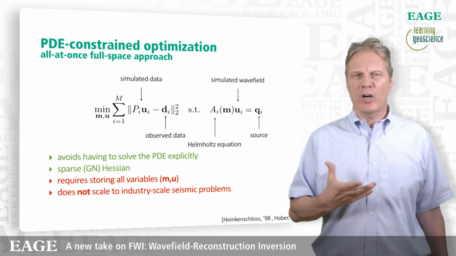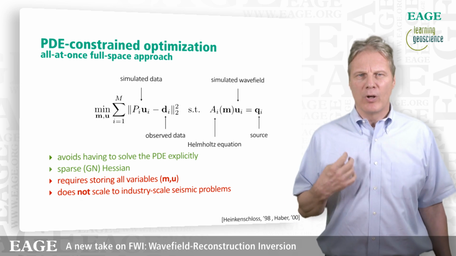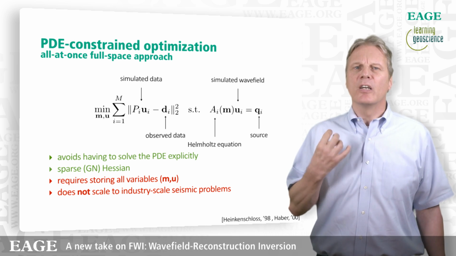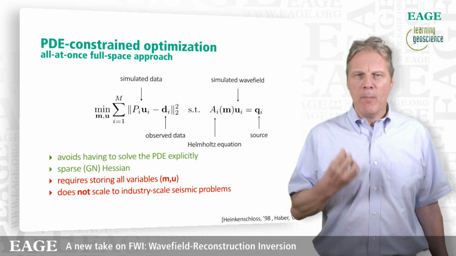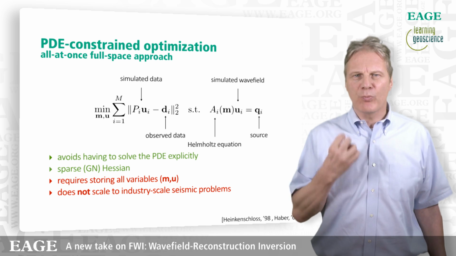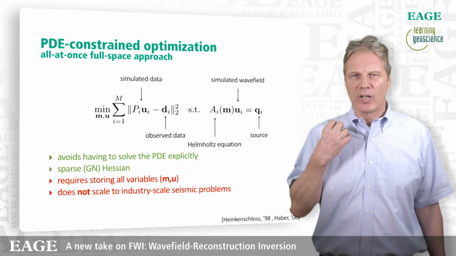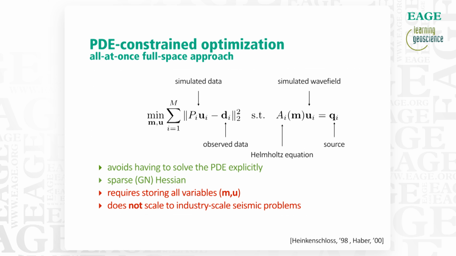It allows for sparse Gauss-Newton Hessians, and I will mention later why that's important, and it requires storing all the variables, both M and U, for all the sources, and that's where there's a problem because that's prohibitively large for industrial problems, and therefore this problem doesn't scale to industrial seismic problems.